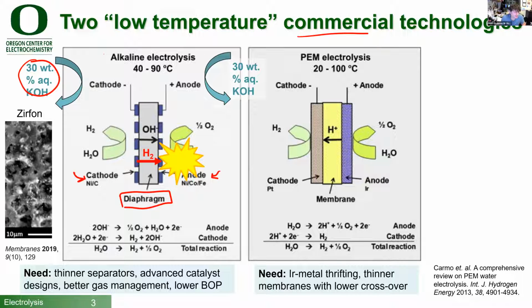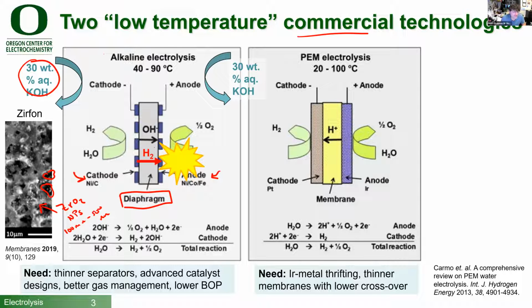And that diaphragm is a porous solid. So you can see the pores here. Here's the pores. And that porous solid is made up of polymer, typically a polysulfone, plus zirconium oxide. So it's an inorganic, organic composite, nanocomposite. And the pores are typically 100 nanometers to maybe 500 nanometers in dimension.